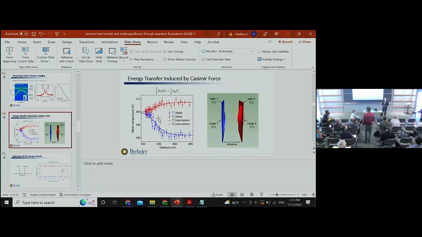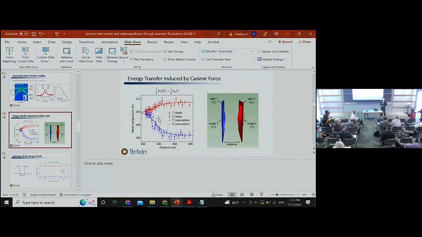I guess just a comment. I think the coupling mechanism is just a mode coupling, electromagnetic wave coupling of the single mode, right? So you think that's Casimir, but it's a single mode. You don't need to sum up all the heat flux. Yes.